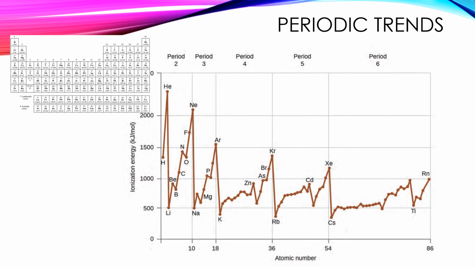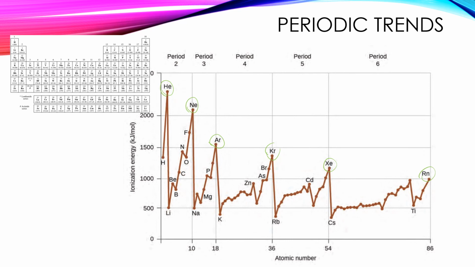So looking at some interesting little changes to the trend for ionization energy, we have these little lightning bolt type things. So we see that overall what we expect, so we go down a group. So let's look at the noble gases. We go down a group, we're getting lower in ionization energy, which is what we expect.